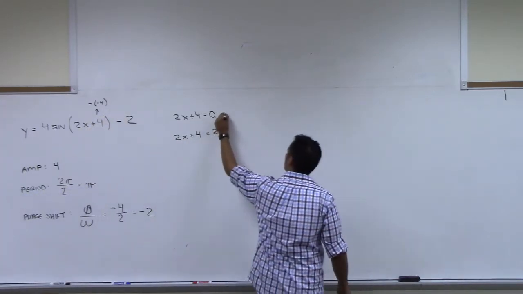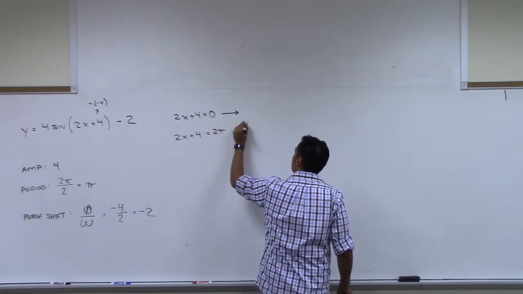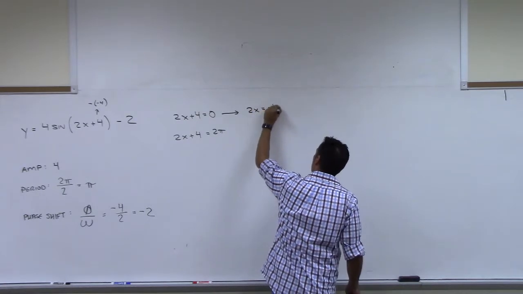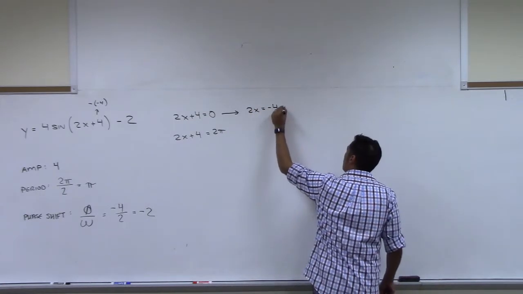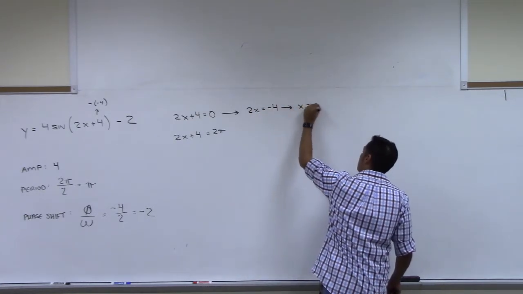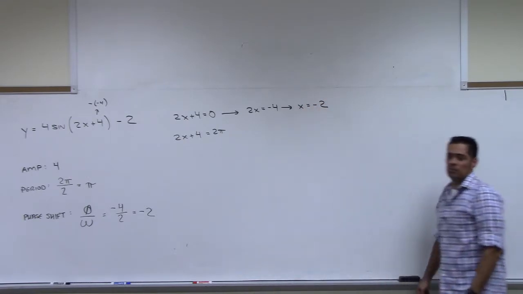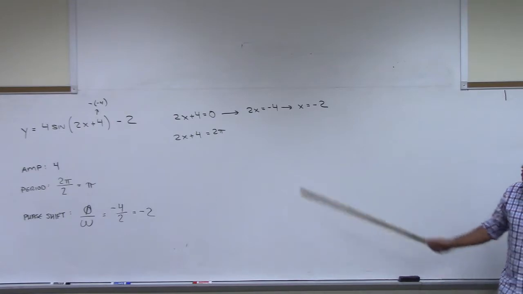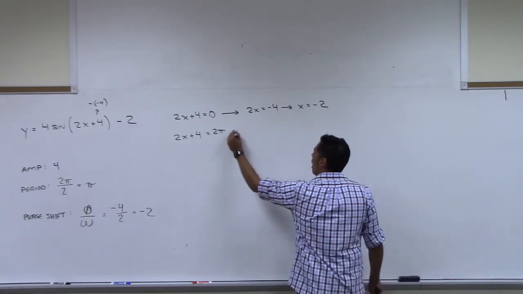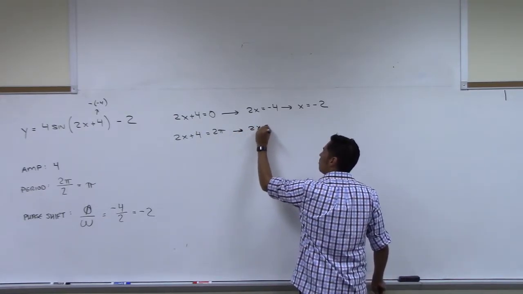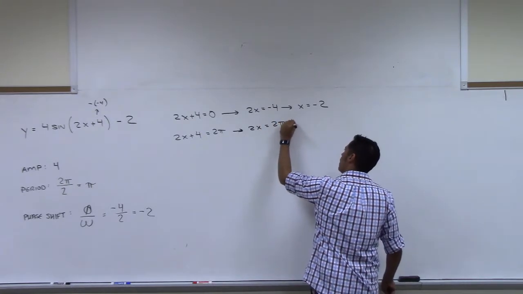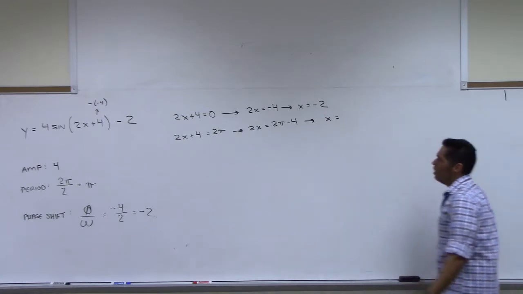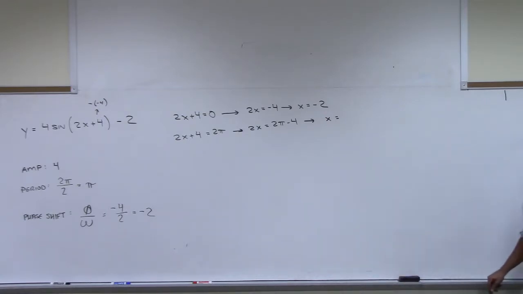This one is 2x equals -4, which means that x is -2. The next one is a little bit worse because I subtract 4 on both sides. I get 2x equals 2 pi minus 4. And then I divide both sides by 2. I get x is pi minus 2.